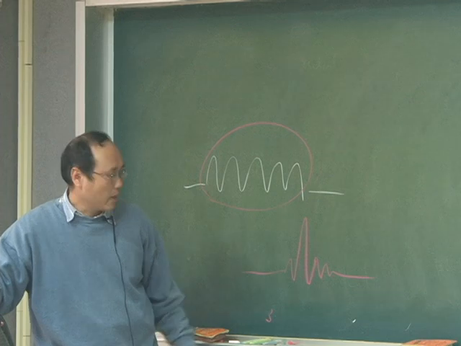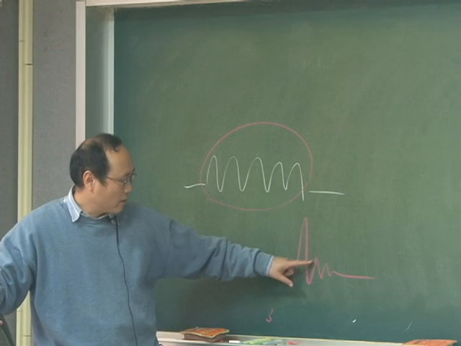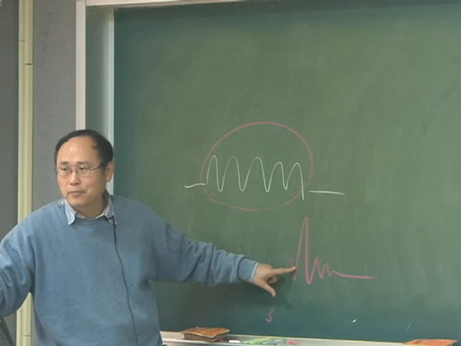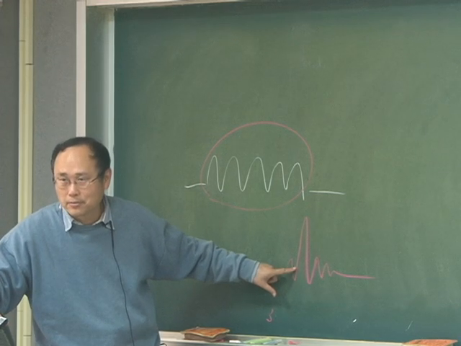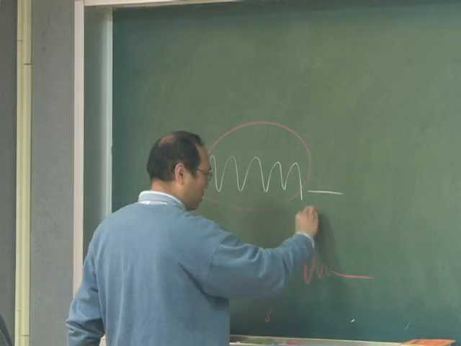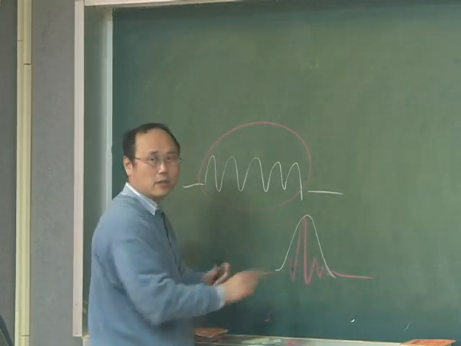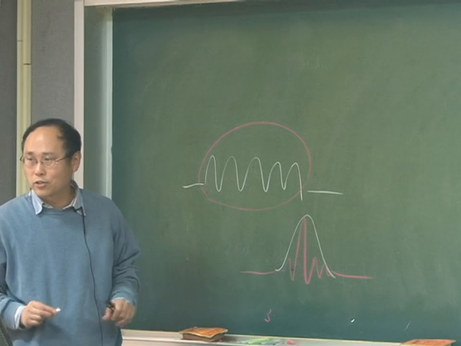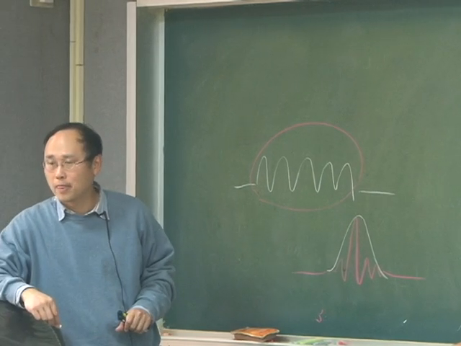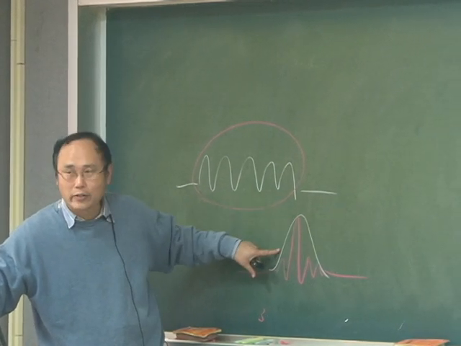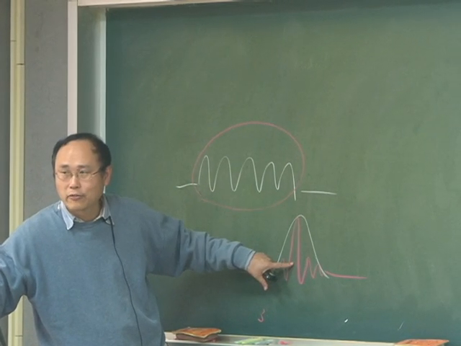The individual point on this phase is called the phase velocity, and the speed of this envelope is called the group velocity, and these two velocities could be different.